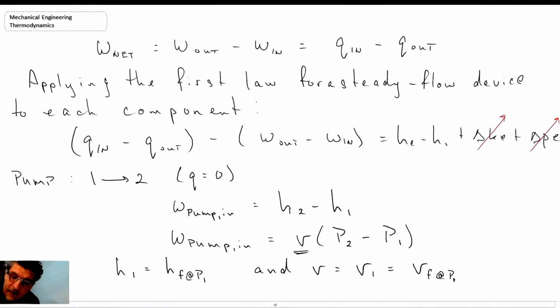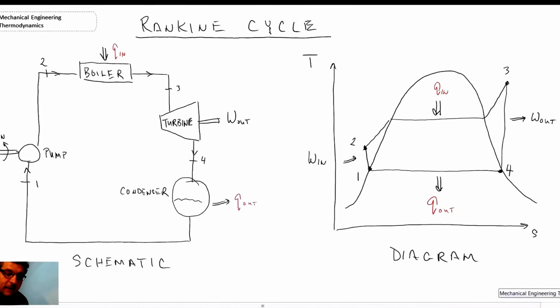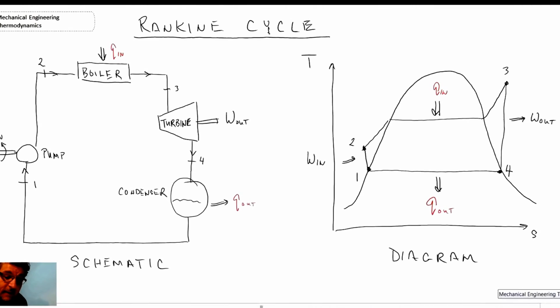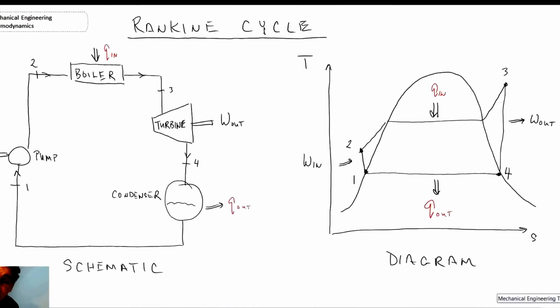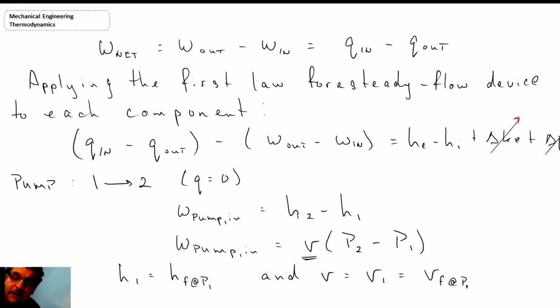So let's move on to the next element in our cycle, and that is the boiler. Let's apply the steady flow version of the first law to the boiler. Here we're going from state 2 to 3. Now in the boiler, unlike the pump, there is a lot of heat transfer.